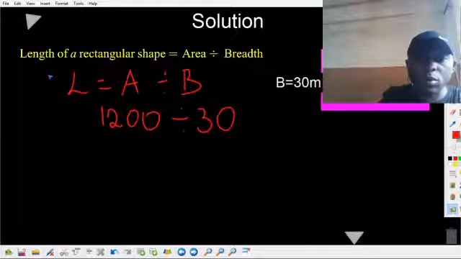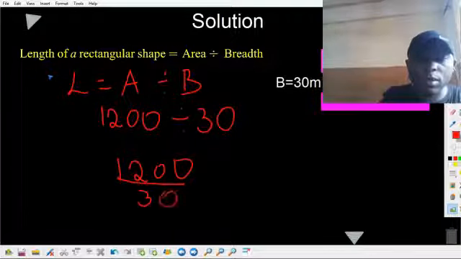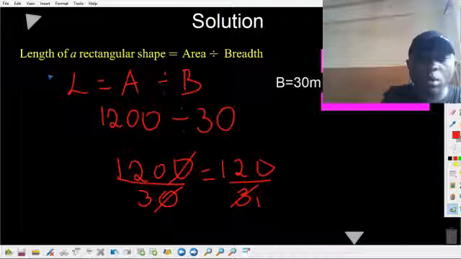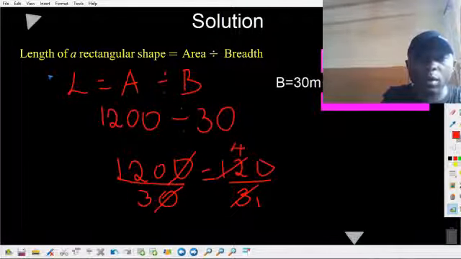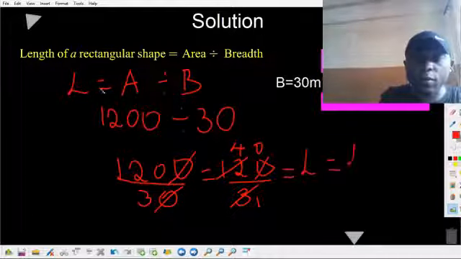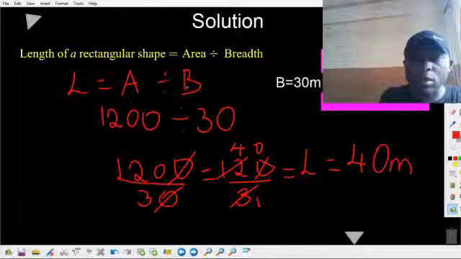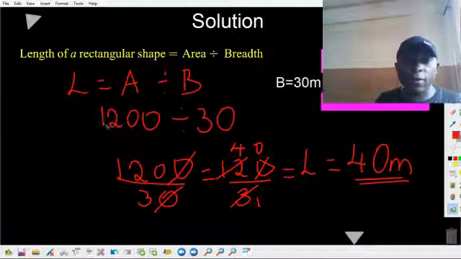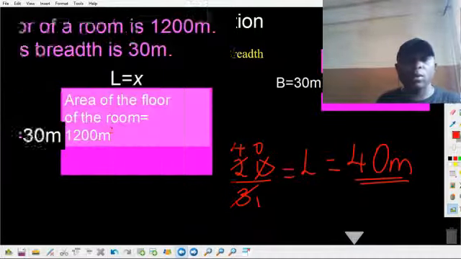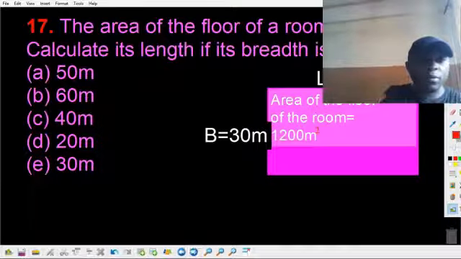So we say 1,200 divided by 30. 0 cancels 0. We have 120 divided by 3. 3 here 1. 3 here 4. 3 here 0. So our length is equal to 40 meter. What option do we have? 40 meter. We have option C.